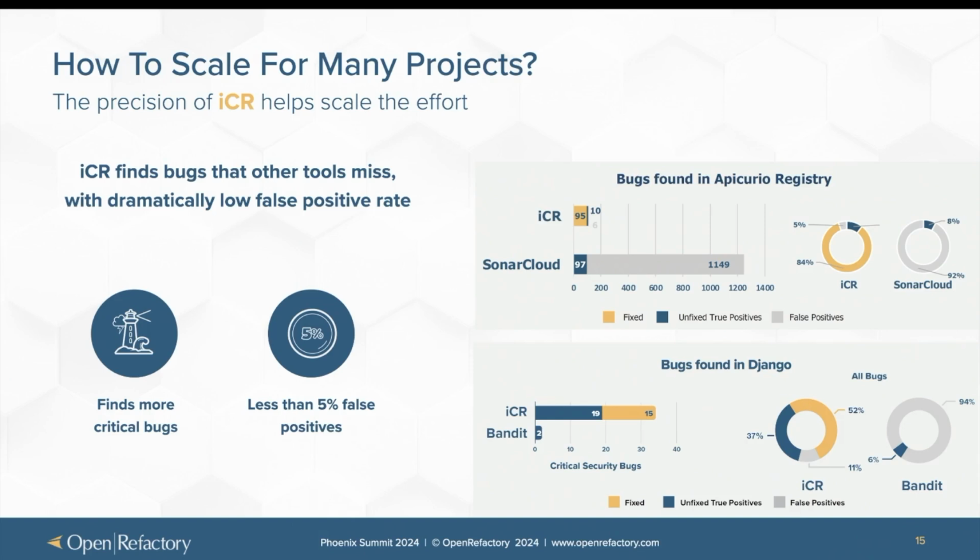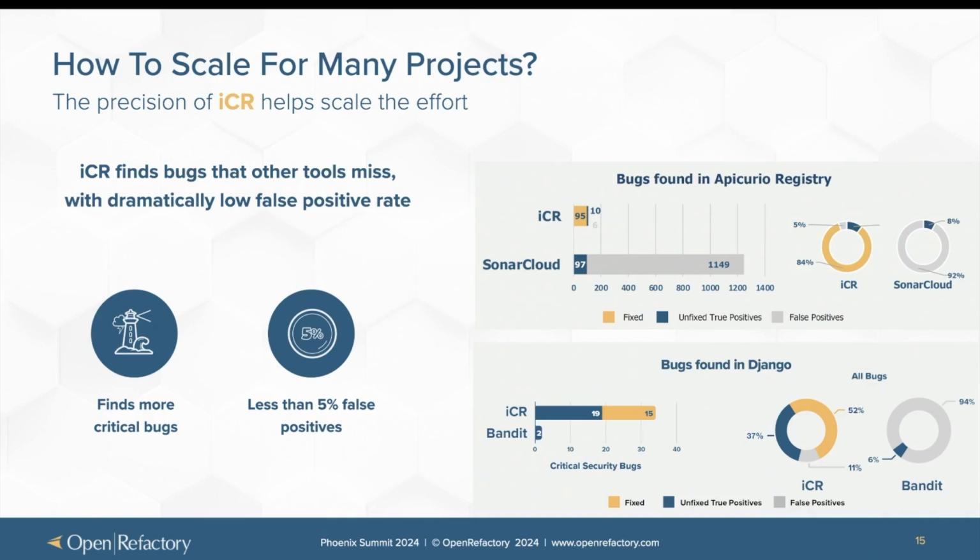The same happens for Django. When we ran ICR as opposed to Bandit, which is an open source bug detection tool for Python developers, Bandit had a 94% false positive rate compared to ICR with only about 11% false positives.